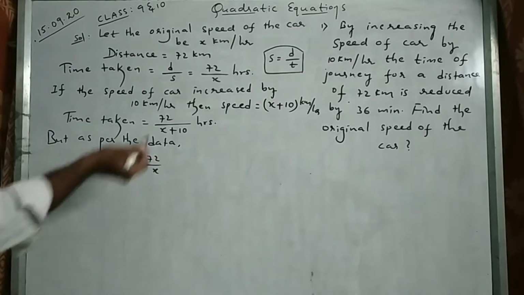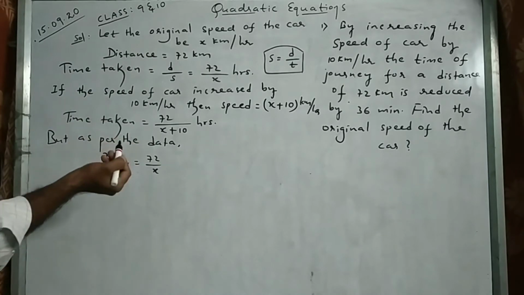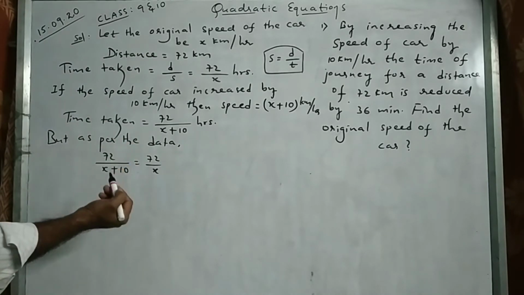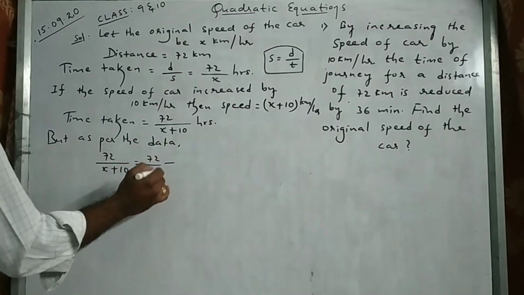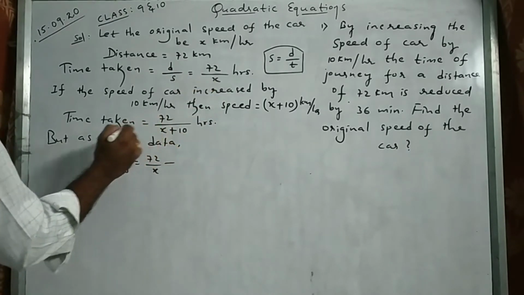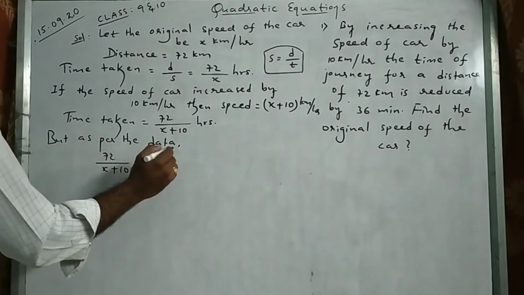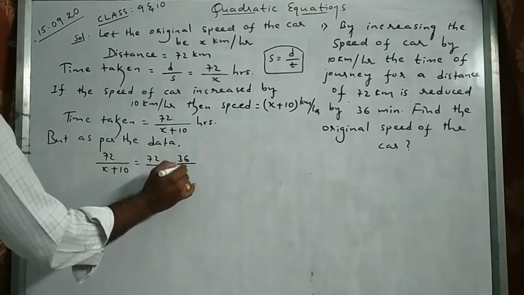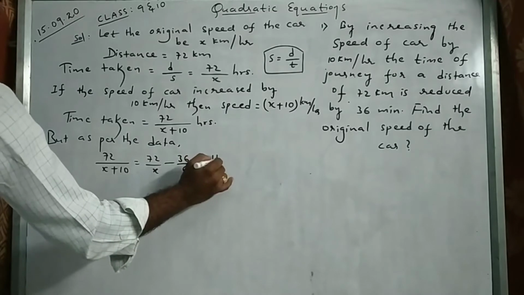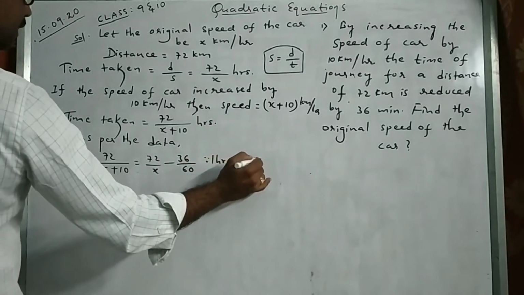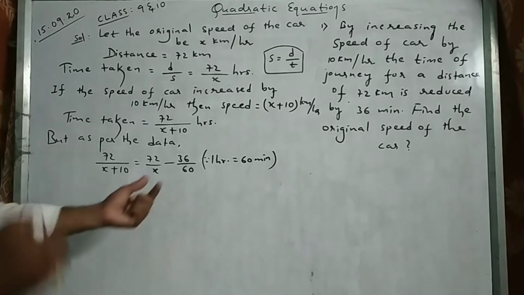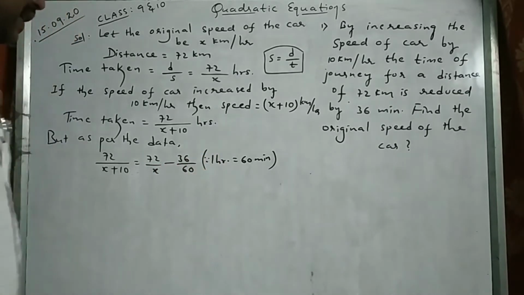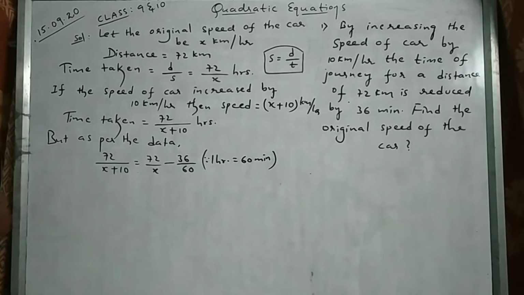It takes less time than before because the speed is increased. So 72 by x minus how much less it is taking now? 36 minutes less. Since 1 hour equals 60 minutes, change it into hours because everything is in hours here. So 36 minutes means 36 by 60 hours. Okay, now we will solve this.